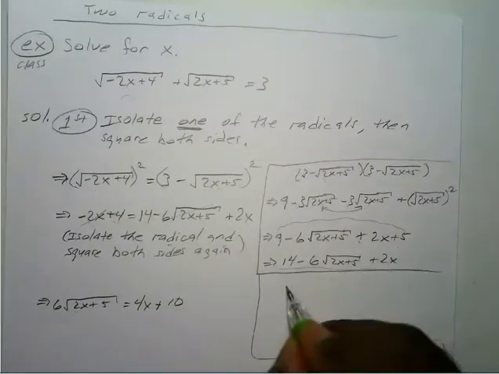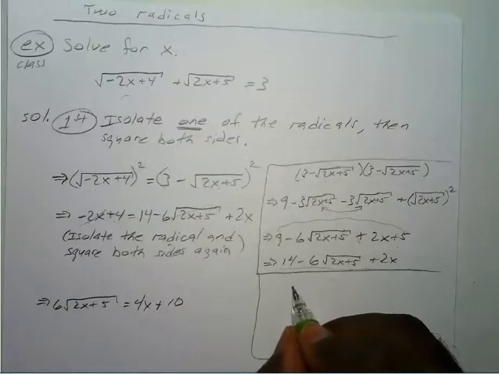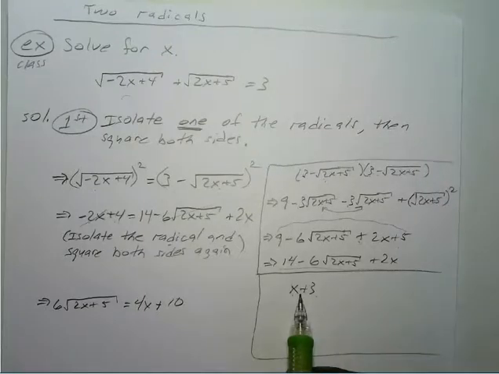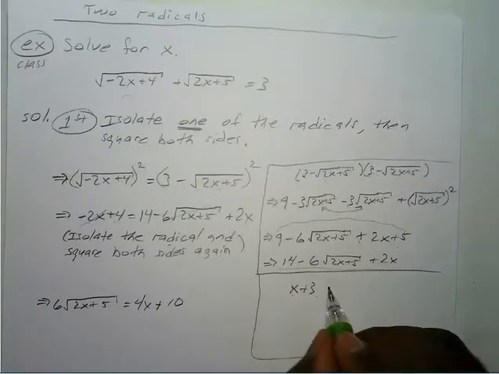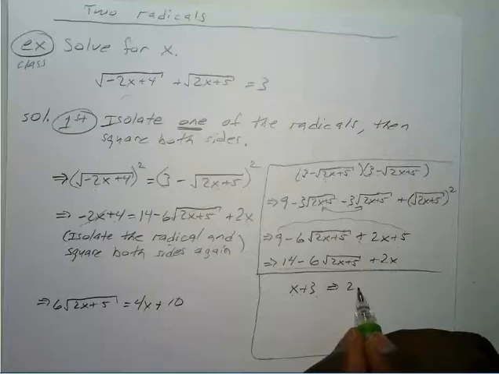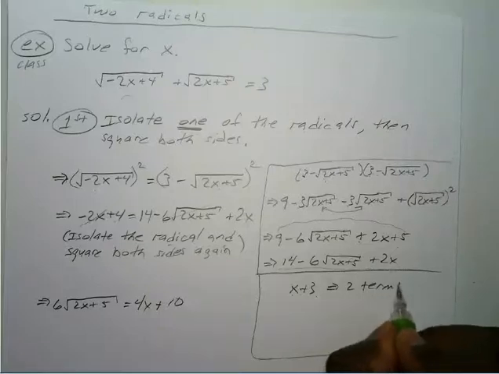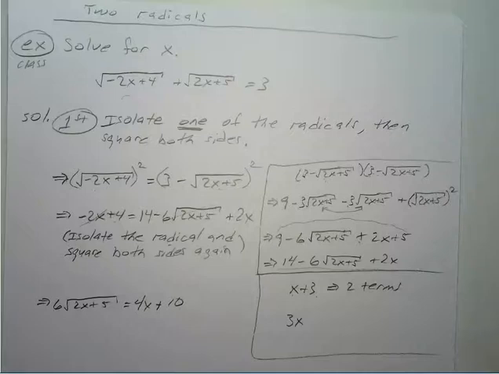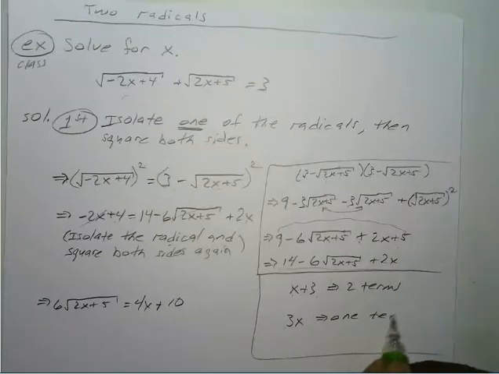If you have x plus 3, those are two terms because they're separated by a plus sign or minus sign. But if you just have 3x, there's no plus or minus sign separating those two. So this is just one term.